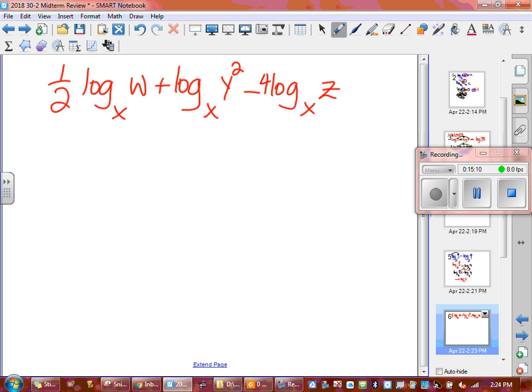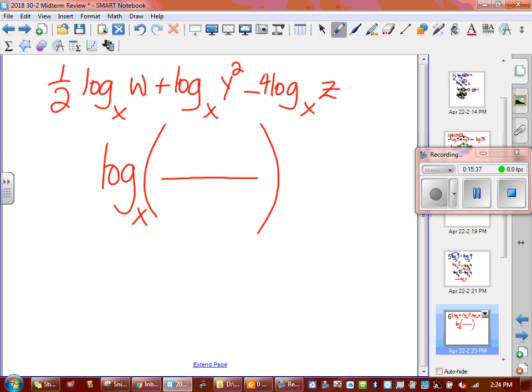Okay, variables can get a little tricky. So whenever they use a variable and you can't solve right away, what you need to do is write the log and the variable base with a big set of brackets. So that's our very first step. Log, big brackets, put my base in, my base is x. Okay, that's my very first step, and I create a fraction.